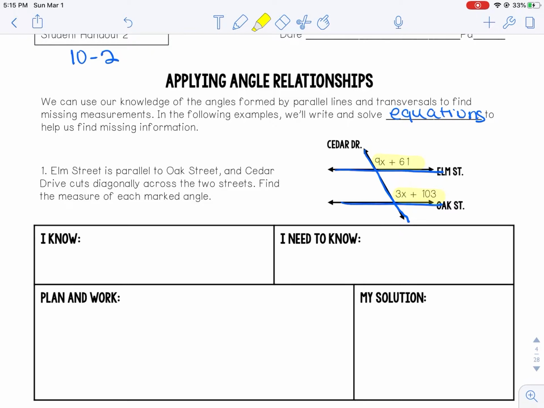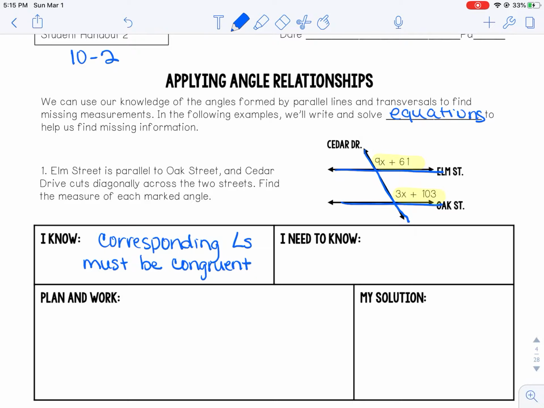The bottom expression is also located on the right of the transversal on the top of the parallel line. So they are both corresponding angles. And what we learned yesterday, or in 10-1, is that corresponding angles are congruent. So I'm going to use my abbreviation for corresponding angles, and they must be congruent. And congruent means equal measure.